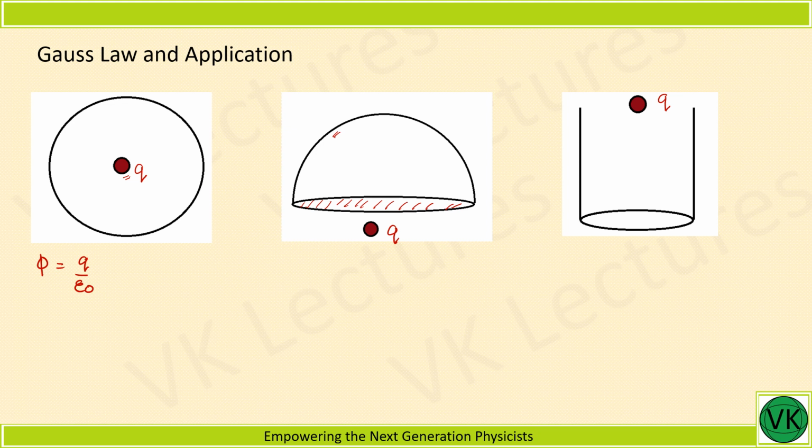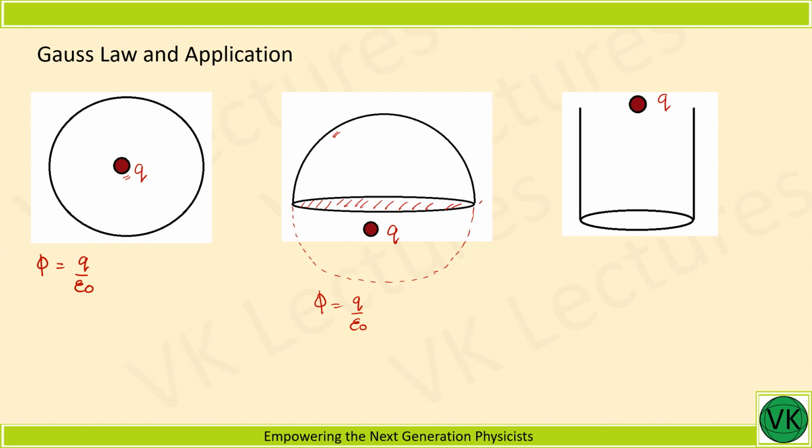Now the total flux passing through this curved surface will be equal to that. To understand that, we have to consider another hemisphere, by which we can complete the total sphere. So now in this situation, phi is equal to q by epsilon naught.